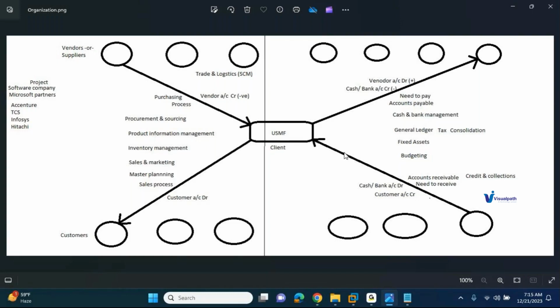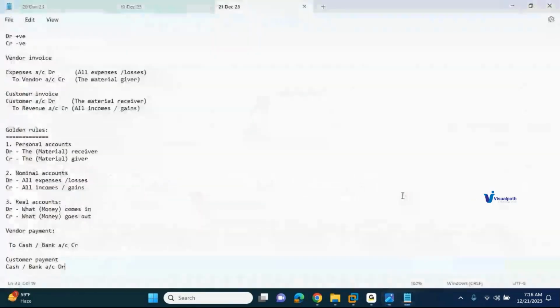Definitely it will be increased. So your money is increasing, either in cash or bank. Customer will do the payment in cash or bank. So whenever you are doing customer payment, it goes to cash or bank account. Remaining, vendor payment means vendor, customer payment means customer.